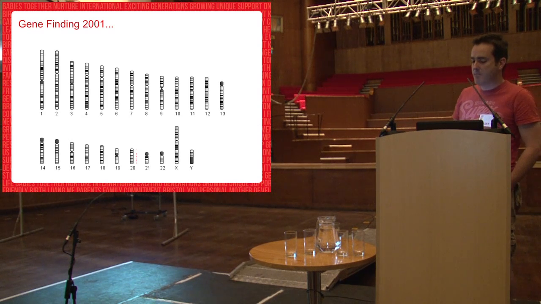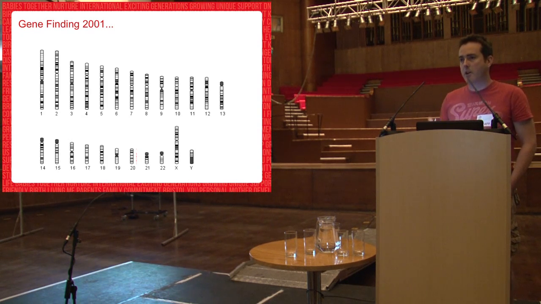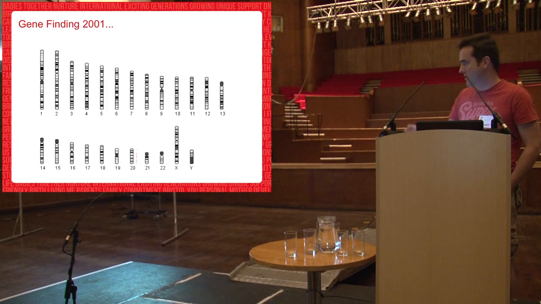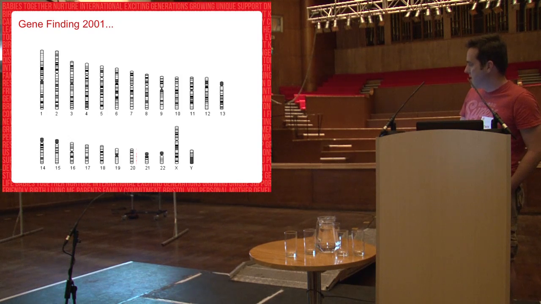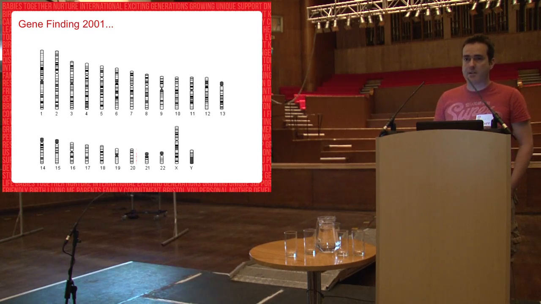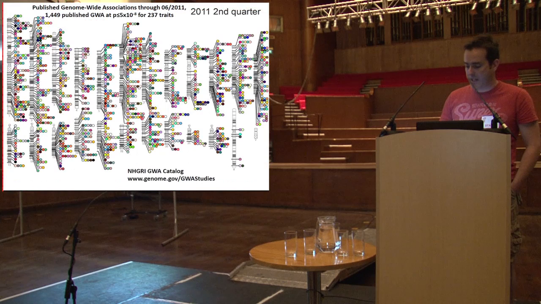To put this more in a historical context, this is where the scientific community was in 2001 in terms of knowledge of genes contributing to disease. So these are the 23 chromosomes that humans have, and in 2001 we didn't know of any genes affecting complex diseases.